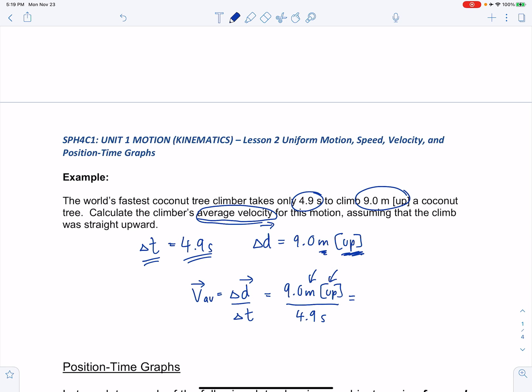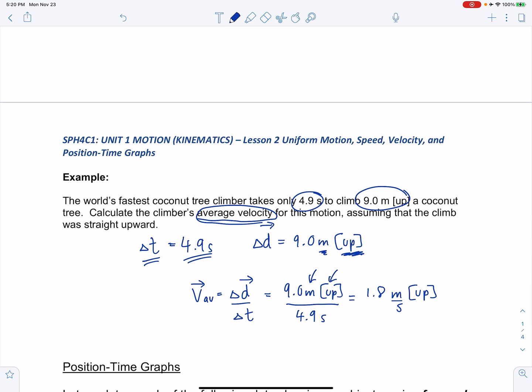If you punch these into your calculator, 9.0 divided by 4.9 seconds, you should end up with 1.8 meters per second, and you have to include the direction as well. So the velocity of the world's fastest coconut tree climber is 1.8 meters per second up.